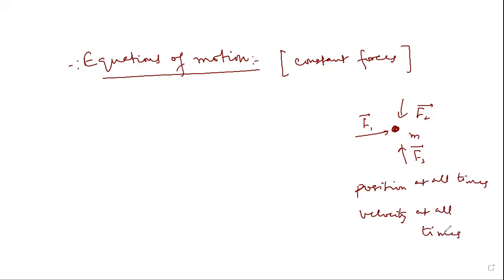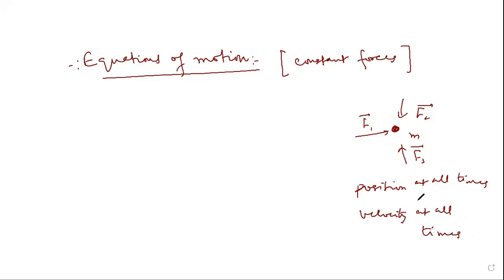I repeat, in the study of mechanics, which includes dynamics and kinematics, our goal is to describe how a particle will move when it is acted on by a set of forces. So if we have some particle having certain mass m, it may be acted on by many forces. We have shown here 3 forces.